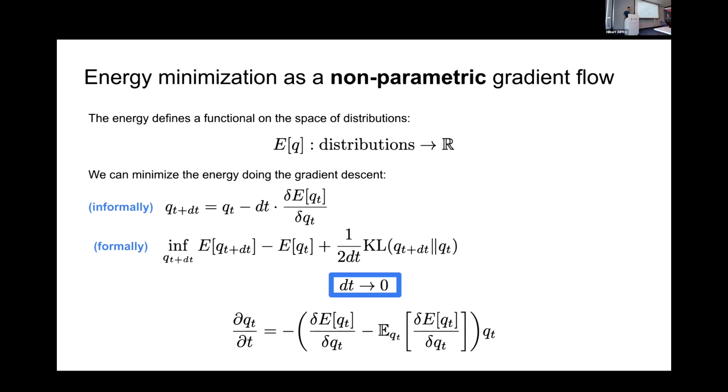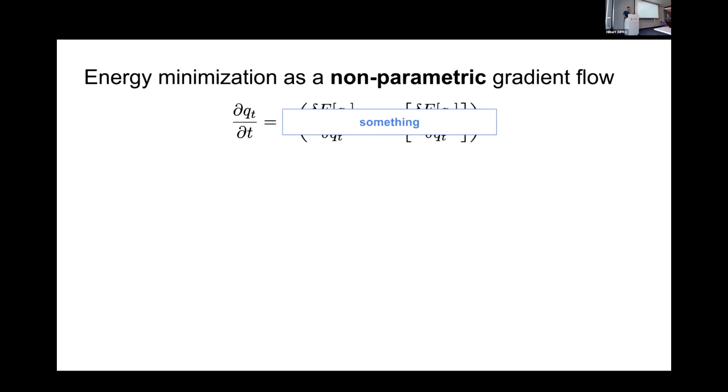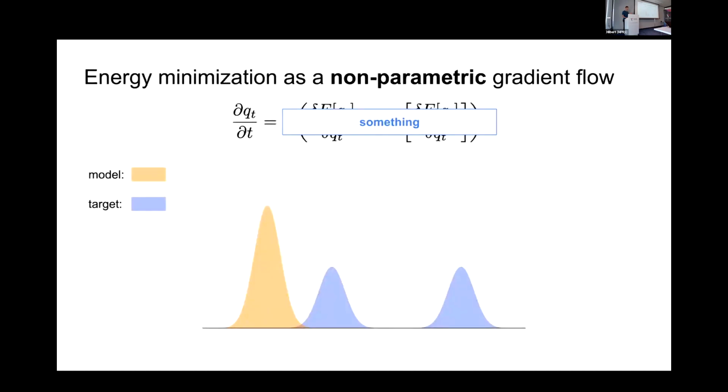And once again, this equation doesn't yet bring us any intuition. So let's just say it's something. dq/dt defines the evolution of the density in time, and this is a very intuitive physical process in the sense that we encounter it all the time in nature, right? Here q_t is the orange density, so it's our model, and the target is the blue density, and it's not the quantum energy, but let's say that our energy is lower when we are closer to the target.